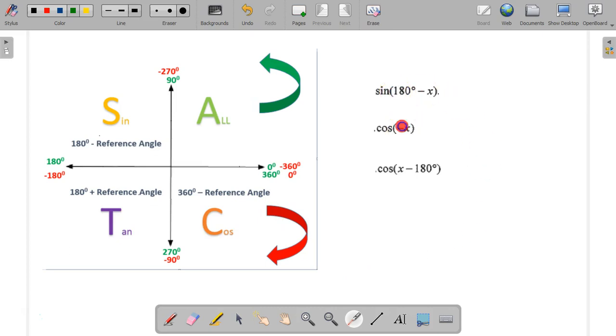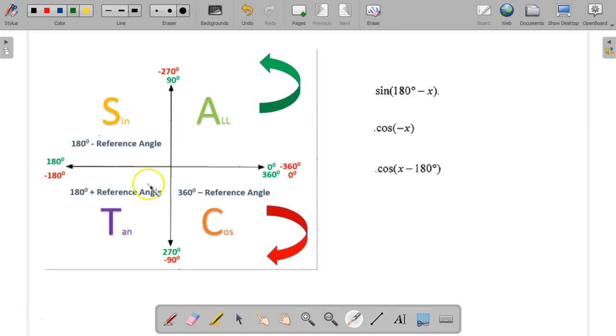Now, what I've done is I've listed 3 examples here. So let us start with sine of 180 minus x. Now, if I want to reduce this, how would I do it? So what I do is I look at the angle that I've been given.